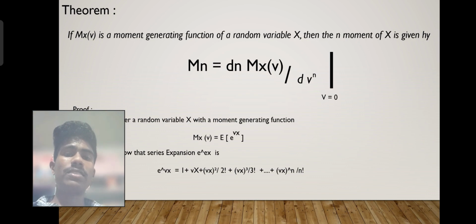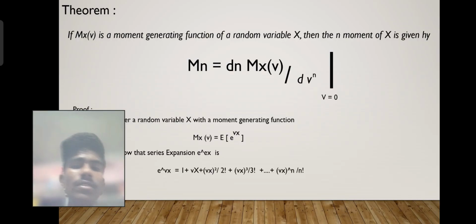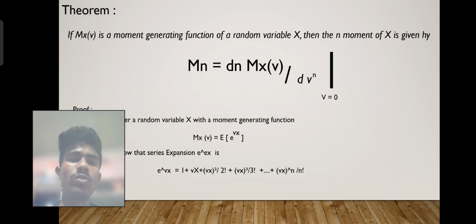We know that the series expansion of e^x is 1 + x + x²/2! + x³/3! + and so on plus xⁿ/n! plus so on. Then e^(vx) is equal to 1 + vx + (vx)²/2! + (vx)³/3! and so on plus (vx)ⁿ/n! plus so on.